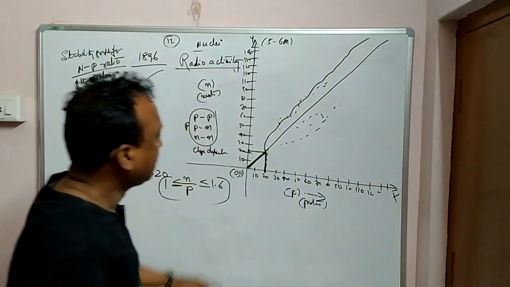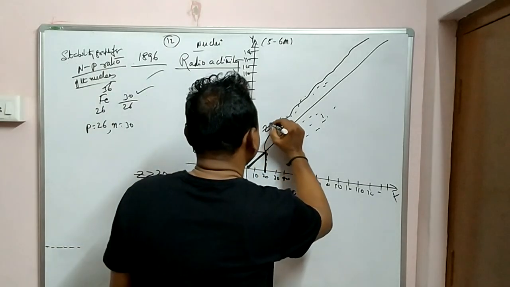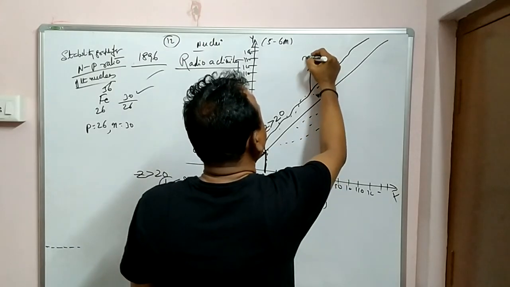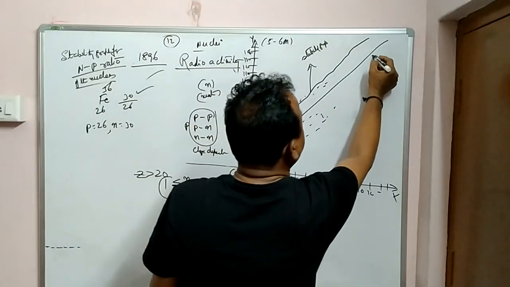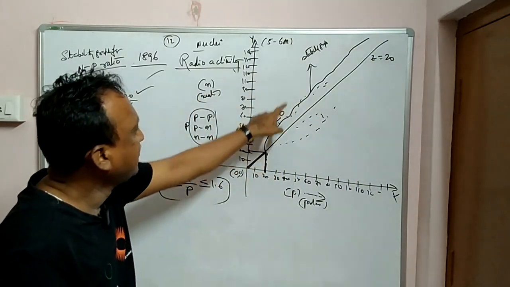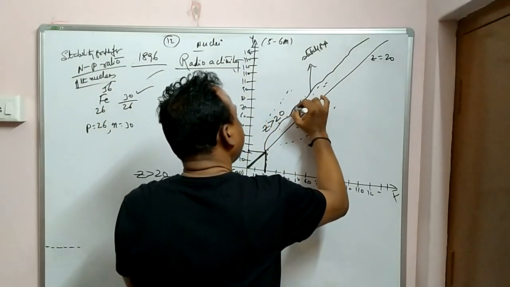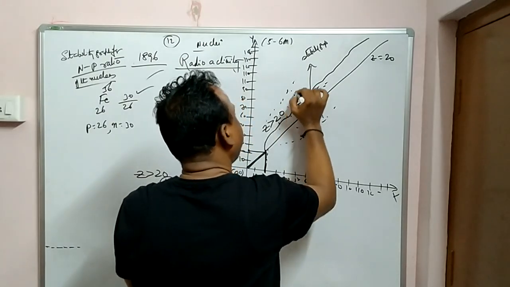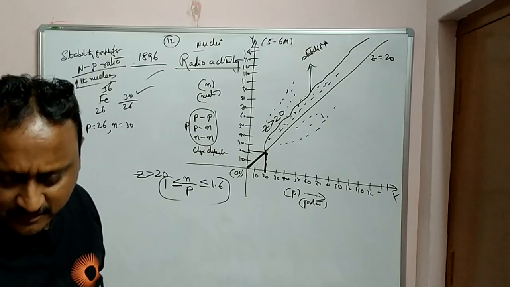This is atomic number more than 20. This is the stability graph. This one is for Z equal to 20, and if atomic number is more than 20, the stability graph is like this. When there are more neutrons it goes up, and when there are more protons it goes down, N by P ratio.